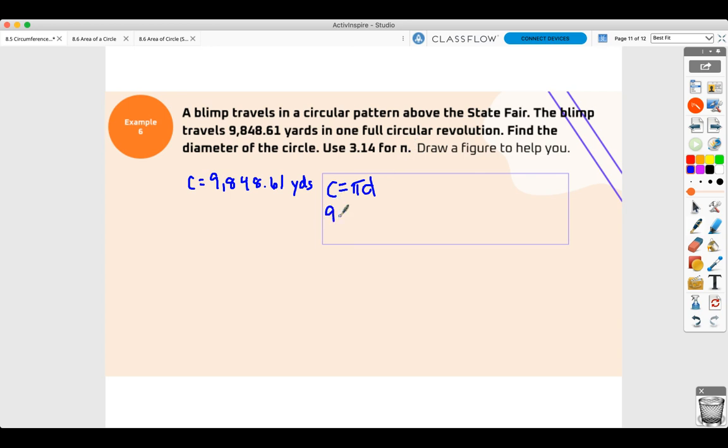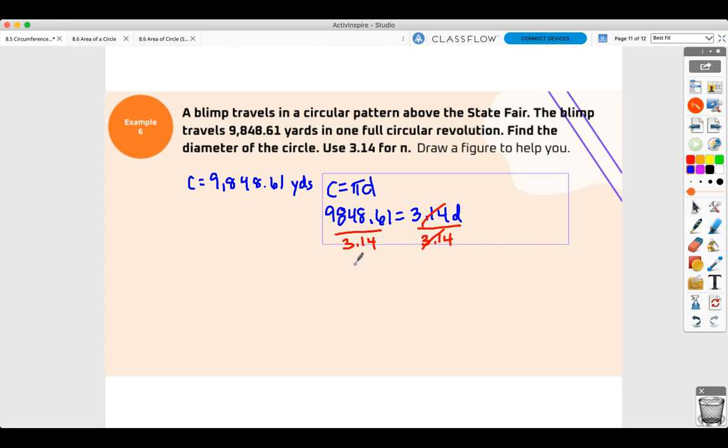So 9,848.61 is equal to 3.14 d, divided by 3.14. So let's see what that comes out to. 9,848.61 divided by 3.14.